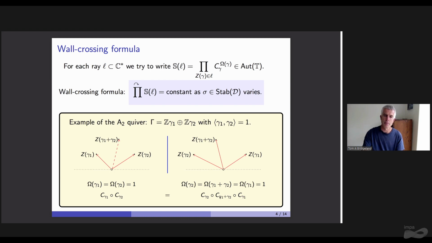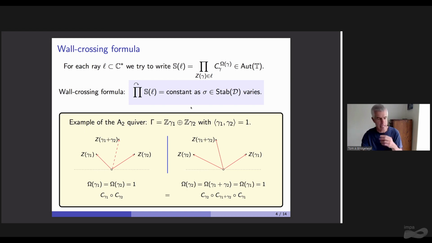And in general, there will be many more rays. There will be countably many rays. Okay, and there could also be infinitely many classes gamma living on a single ray with non-zero BPS invariants. So making sense of this, and to a certain extent this, is non-trivial. But in the context of the wall crossing formula, you can perfectly well do this.